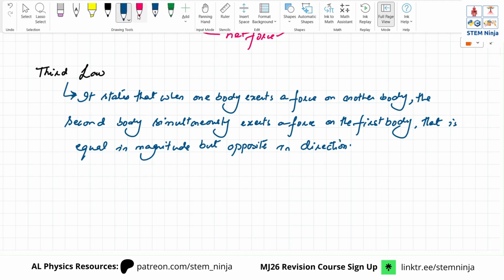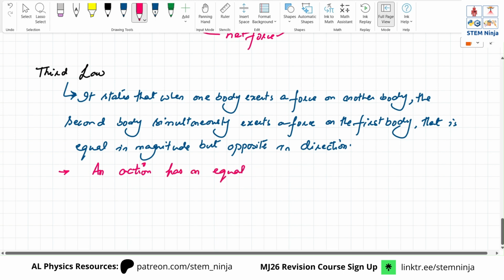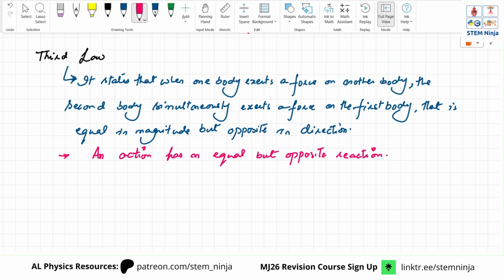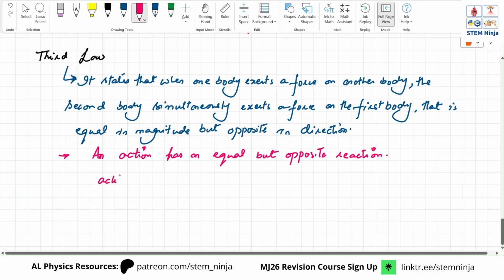An action has an equal opposite reaction. You could see this in books also. This would technically be fine, but has an equal but opposite reaction. So technically this is fine, but you have to understand the third law to be able to describe it this way. Both of these statements say that there is an action force when one body exerts a force on another body.